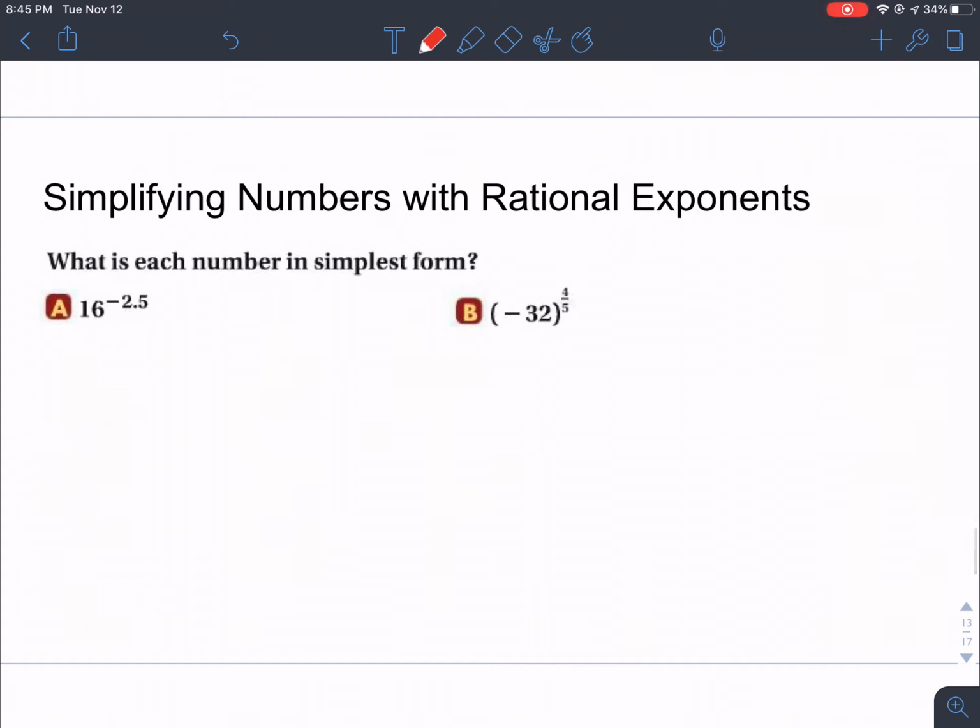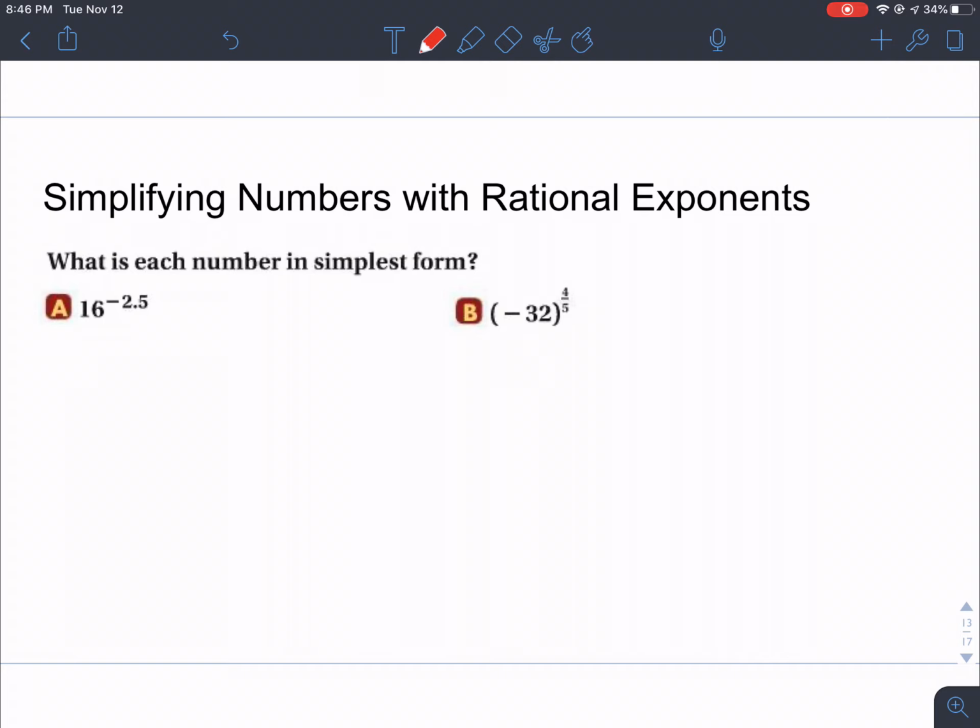All right. Simplifying numbers with rational exponents. What is each number in its simplest form? We've got 16 to the negative 2.5. First off, if you were to plug this into your calculator, you would get a rather large decimal, and that's not what we're looking for in the end.